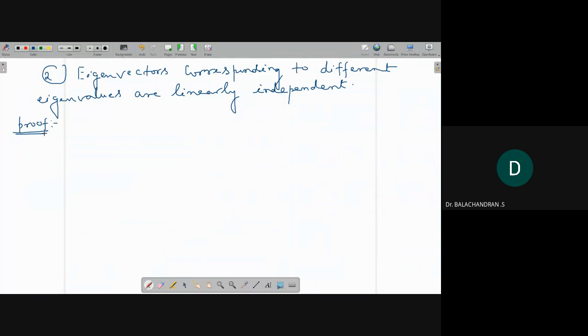Let lambda 1, lambda 2 be two different eigenvalues of capital A. I'm taking two eigenvalues and corresponding two eigenvectors.